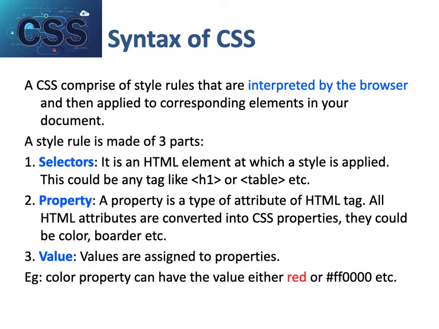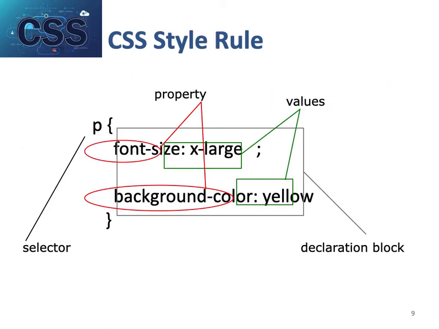And the value, the third part, are values assigned to properties. One example is given here. The color property can have the value either red or the corresponding code #ff0000, etc. So this is the style rule, and a simple example is given here. p { font-size: x-large; background-color: yellow; } So three different parts are displayed here.